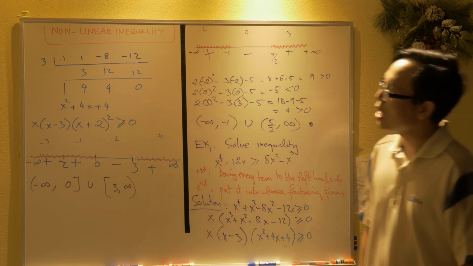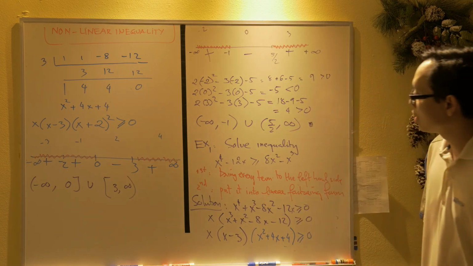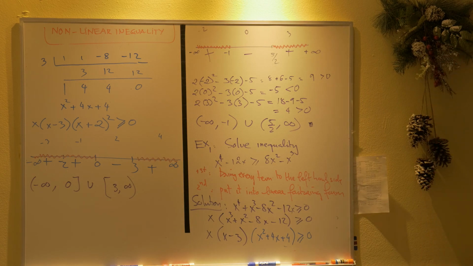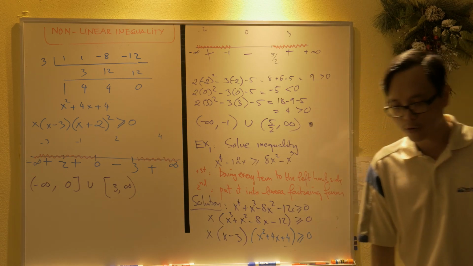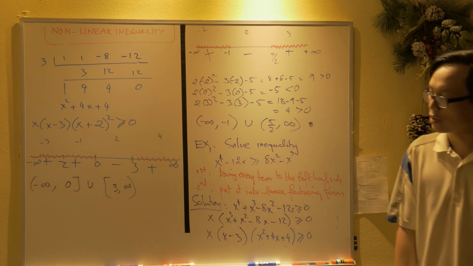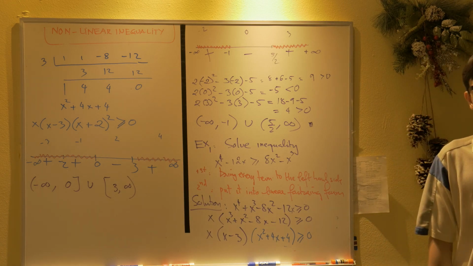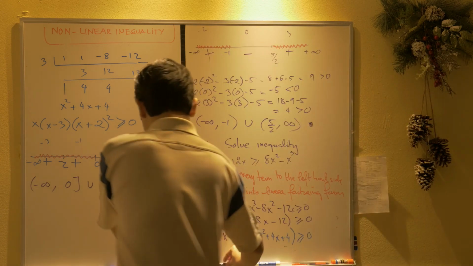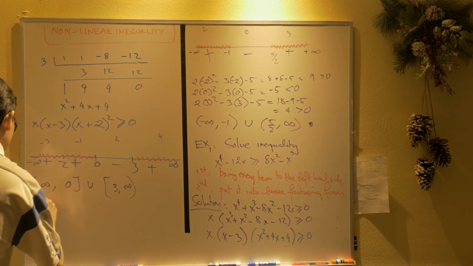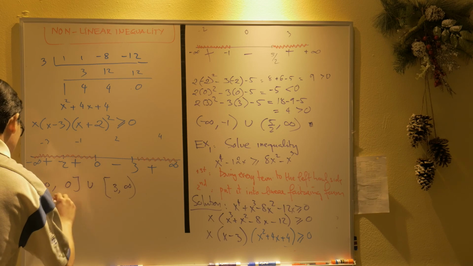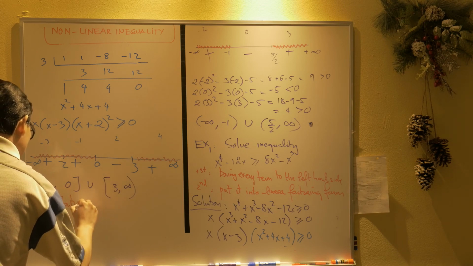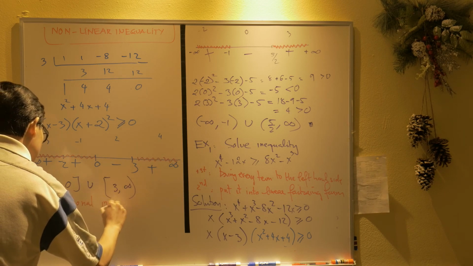So that is how you solve a polynomial inequality. Another type, the second part of this lecture, is the rational inequality.